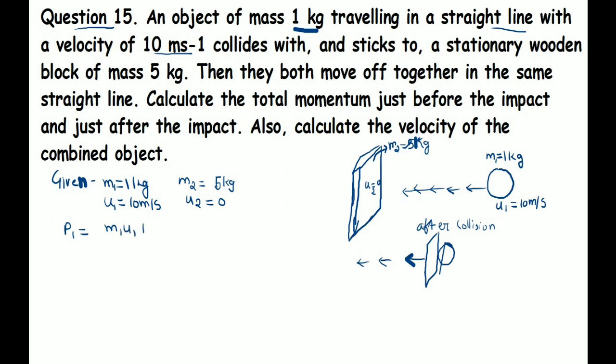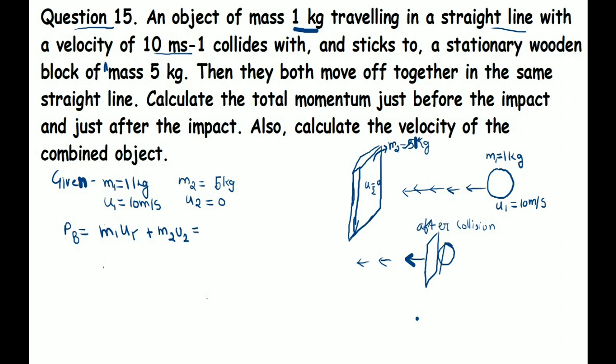Now before collision we can find out the momentum by writing m1 u1 plus m2 u2. Am I correct? This is how we will show the momentum before the collision.